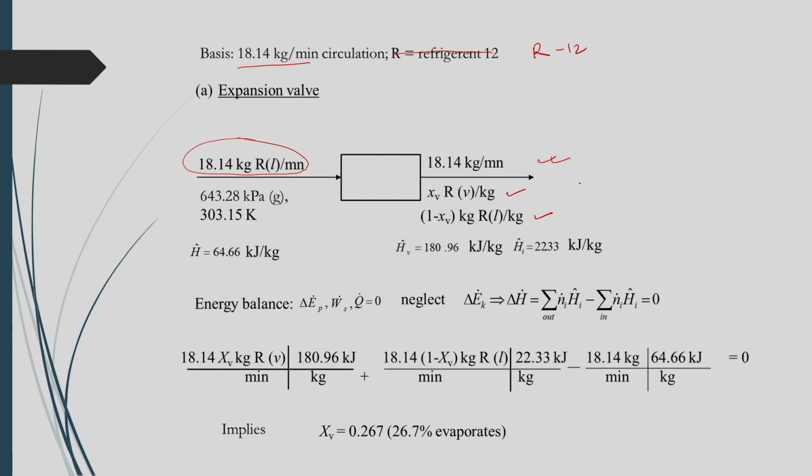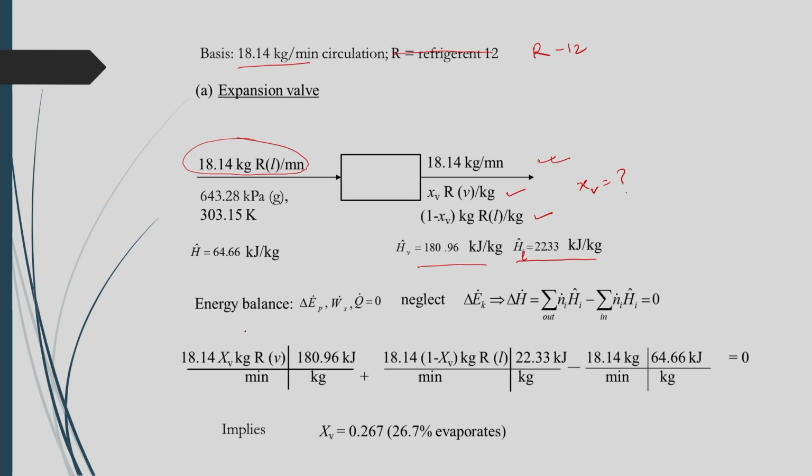Then this XV you have to calculate here, that is the fraction of the refrigerant which will evaporate, and in this case the enthalpy of the vapor is given as 180.96 kilojoule per kg, whereas the enthalpy of the liquid is given as 22.33 kilojoule per kg.